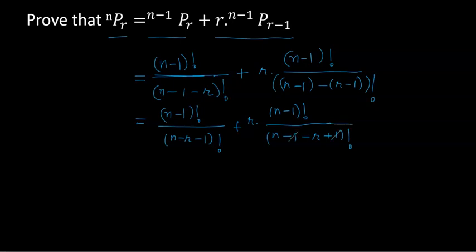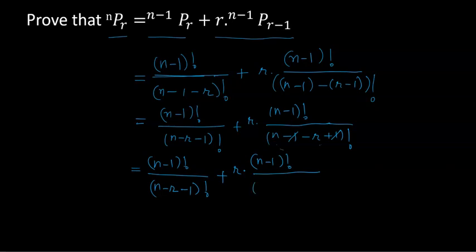And I'm left with n minus r factorial here. So n minus 1 factorial divided by n minus r minus 1 factorial. And if you see this, this is r times n minus 1 factorial divided by n minus r factorial remaining.